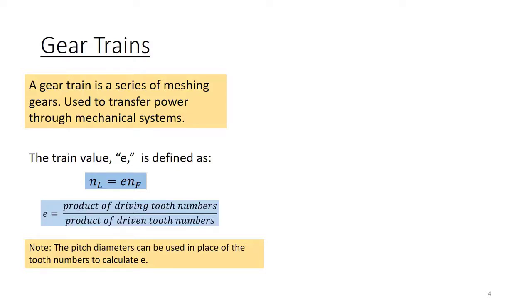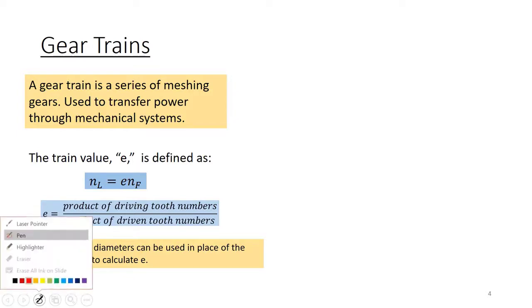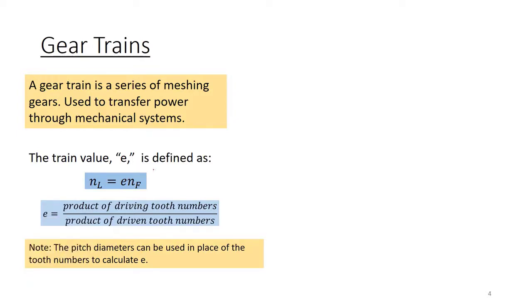In mechanical systems, we are interested in moving power from its source to power various components. So train value, denoted as little e, is really just helping us relate the input and output speeds. L stands for last gear in the train, and F is the first gear.